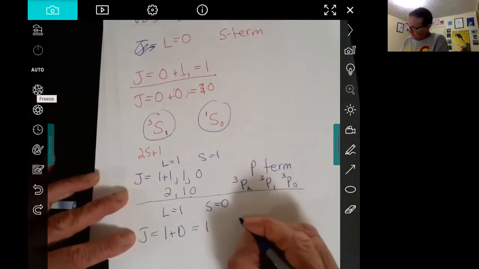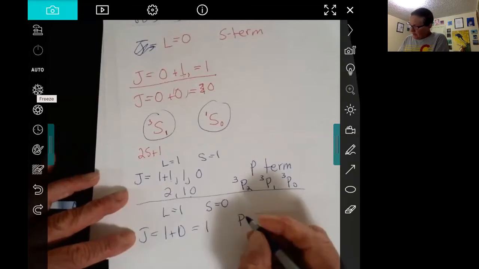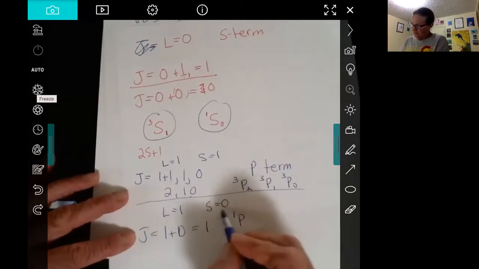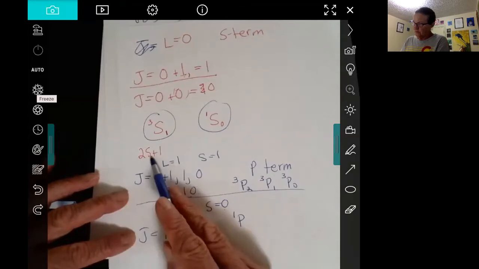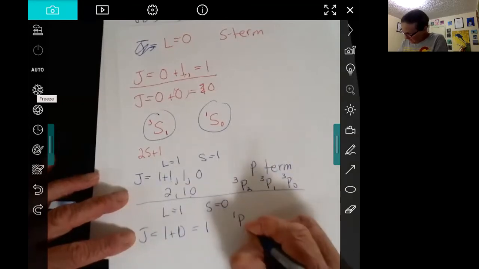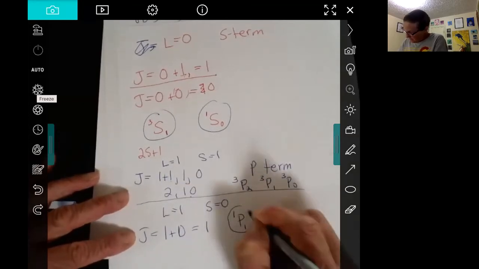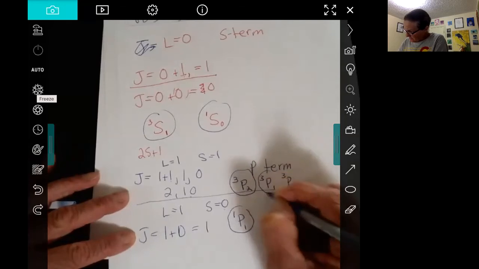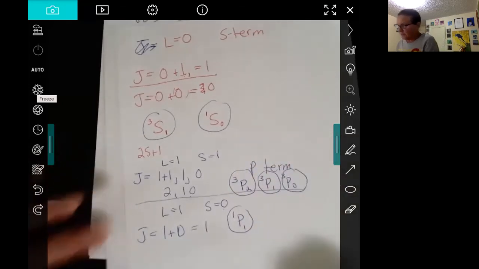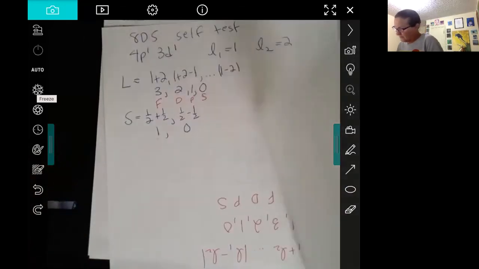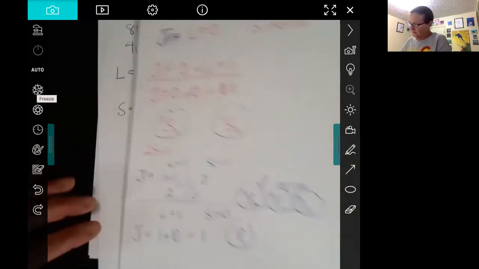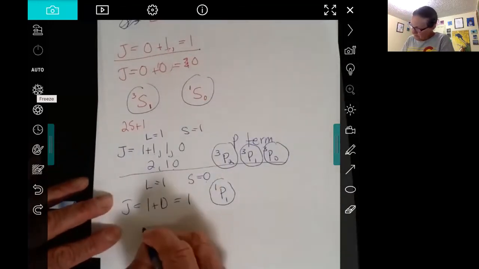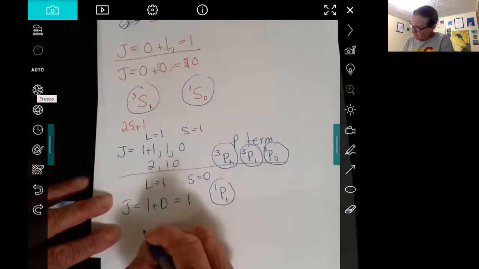And then this will also be a P term, but it'll be a singlet because I coupled with S equals 0. So 2 times 0 plus 1, and the total angular momentum is 1. Those are my P terms. And what do I have left? I still have D's and F's. So my D terms.